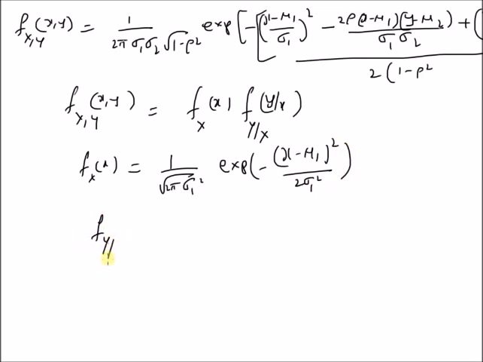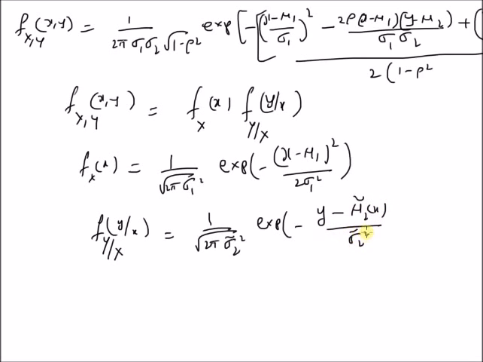And the conditional PDF of y given small x is equal to 1 by square root of 2 pi sigma 2 tilde square, exponential of minus (y minus mu 2 tilde of x) whole square divided by 2 sigma 2 tilde square.